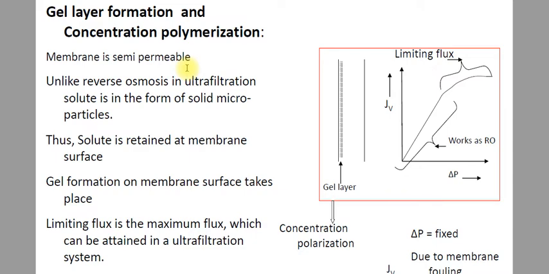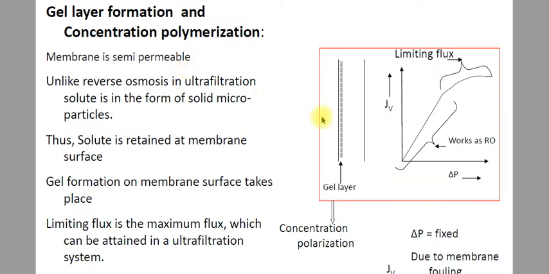So suppose you are using the reverse osmosis membrane for separation of NaCl. The solubility of NaCl in water is very high. It might be soluble up to 20% or 50%. More than 50% salts can be dissolved in the water, but here you are separating out the solid microparticles.